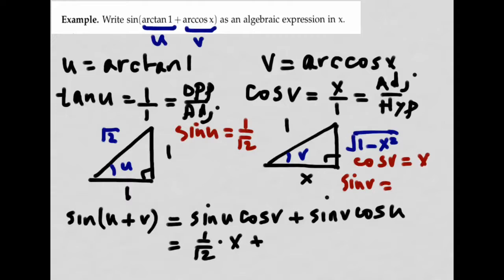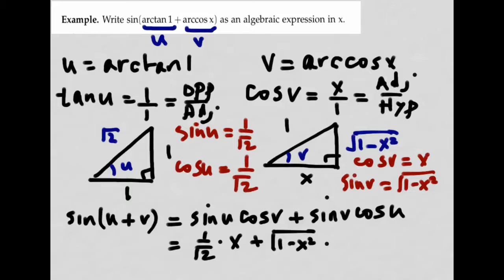It's the opposite divided by the hypotenuse, so this is square root of 1 minus x squared. Times cosine u, for that we use the first triangle. Cosine u is the adjacent divided by the hypotenuse, which is 1 over root 2.